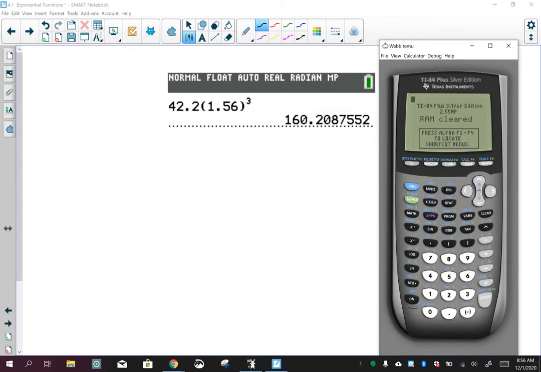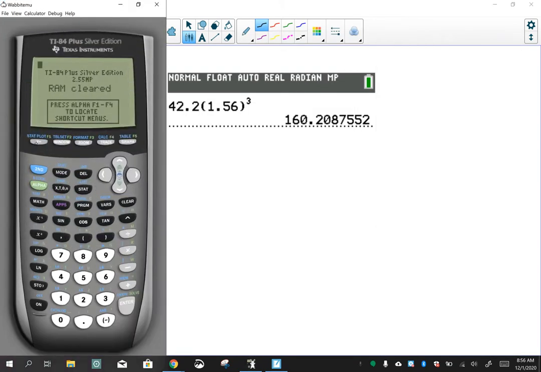Now, with that being said, some of your problems might have multiple parts to it. And if that's the case, instead of putting it in like this and getting an answer, you're going to go ahead and put it into your calculator like this, and then we're going to raise that to the x power. So what that's going to do is we're going to come over here to table set and make sure that your independent is set to ask. And then you're going to generate your table.